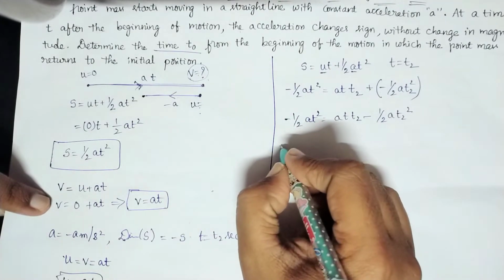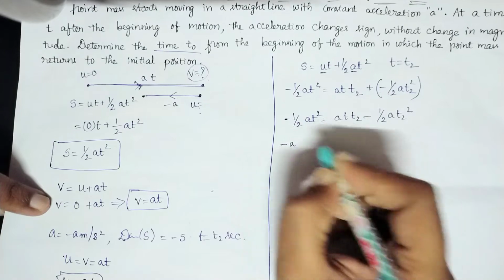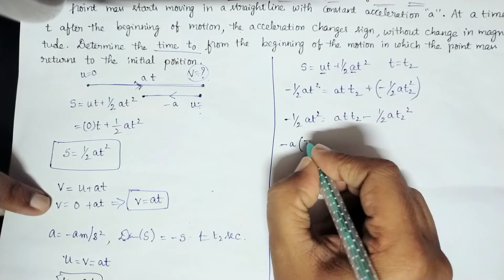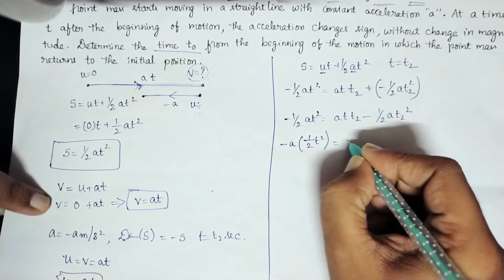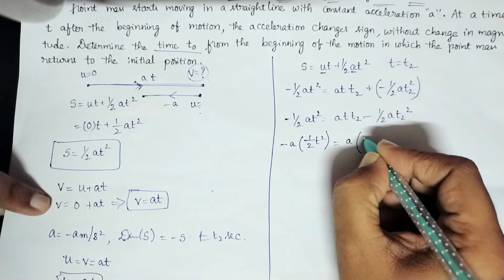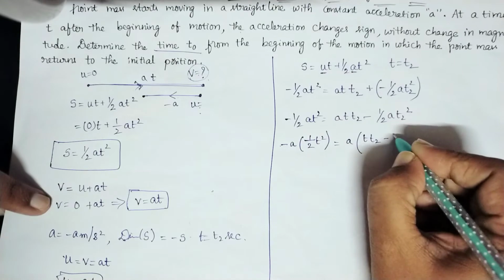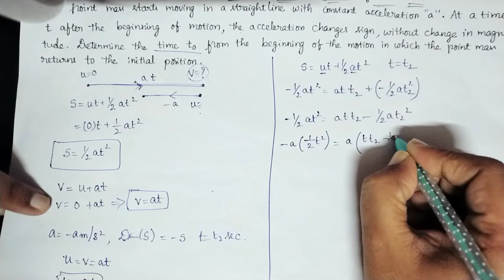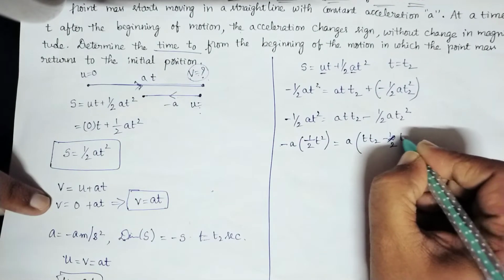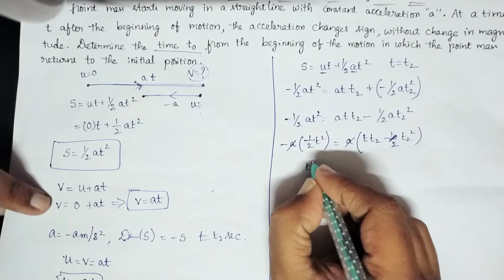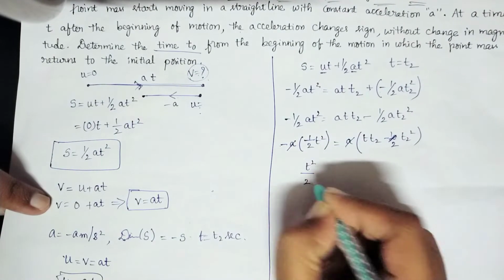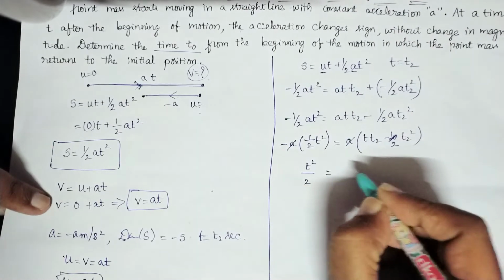What is common here? a is common, so we take a. One by two t square is equal to a of t2 minus 1 by 2 t2 square. The a gets cancelled.